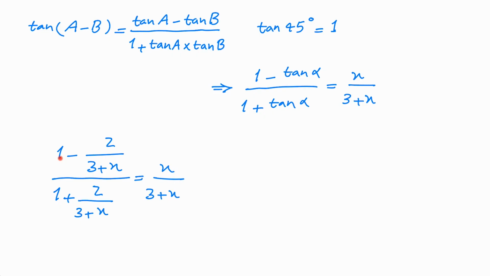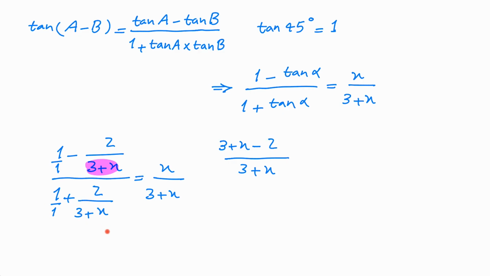So we have an integer and a fraction. We can convert this into a fraction and also this. We can find the common denominator here, which is 3 plus x. So we can write 3 plus x, and multiply this 1 to this denominator, which we will have 3 plus x here, minus the product of 1 and 2, which is 2.